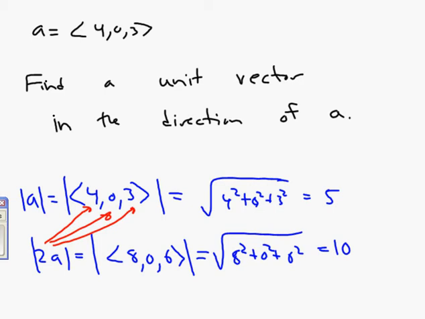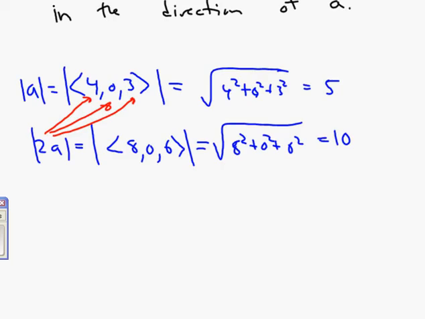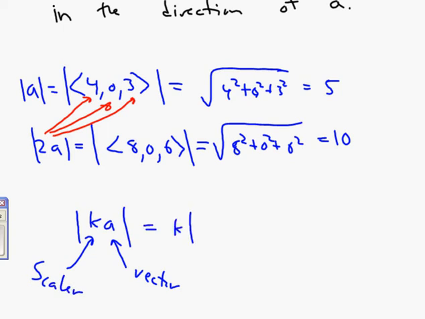That's what happens. So once you agree to this, that if you have a vector A and you multiply it by some scalar K, where A is the vector and K is the scalar, then we know that this relationship is true.